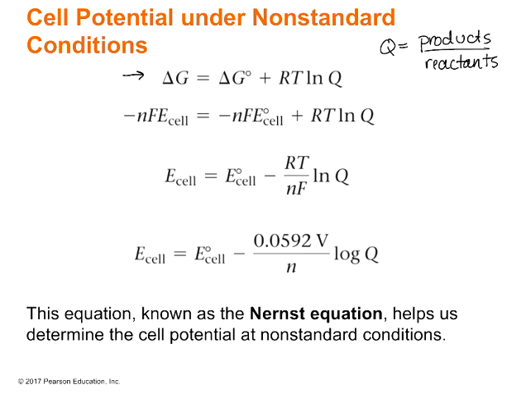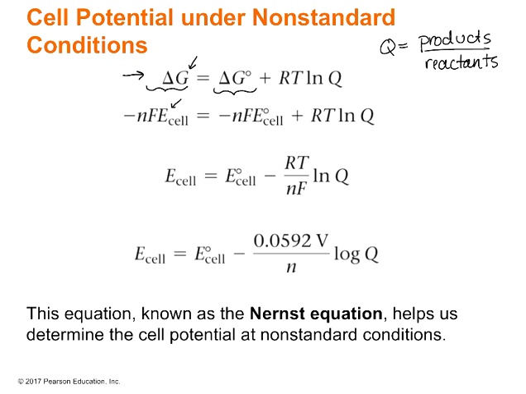And that can be in concentration units or in pressure units. Now, remember, we also said delta G is equal to negative n times F times E cell. So we're just going to replace those delta G's with that expression. And notice too that we are missing that little degree symbol on the left because those are under non-standard conditions.